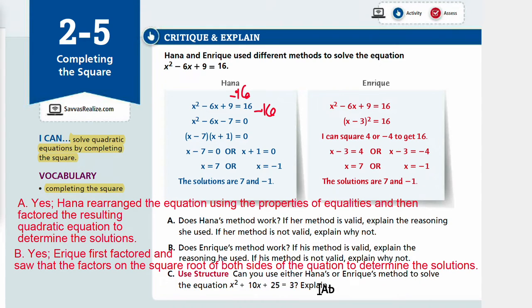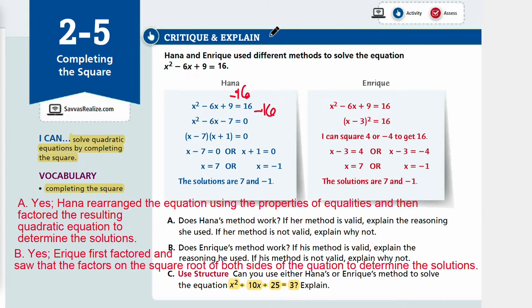But for this equation, actually, we're looking at a different equation, x squared minus 6x plus 9 equals 16. It's different than the new one, right? So if you look at the new equation, what would be the problem for this one?